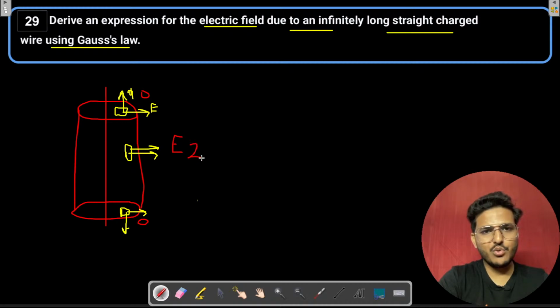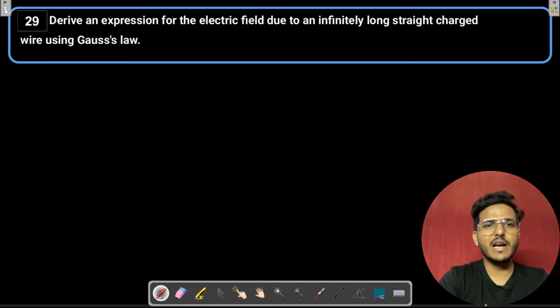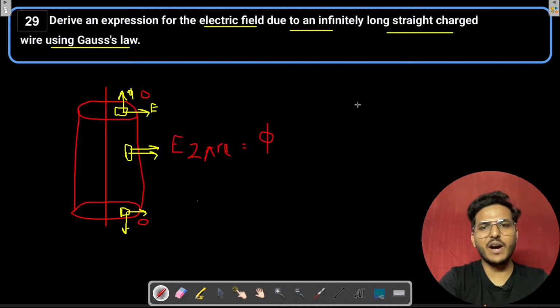E into 2 pi RL, which is equal to phi. And using Gauss theorem, you have phi equals 1 upon epsilon naught times q, that is q upon epsilon naught, right? Just put q equals how much?